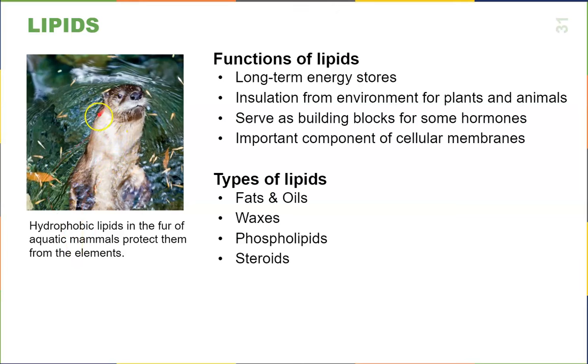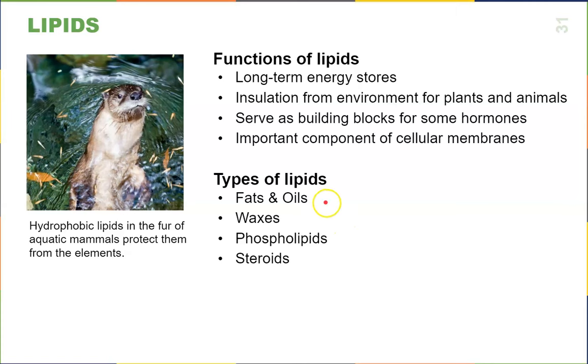This otter here has a lot of lipids on its fur, like a waxy coating, but it also has a layer of fat underneath its skin that helps insulate it. Lipids also serve as the building blocks for some hormones, and they are an important component of cell membranes.